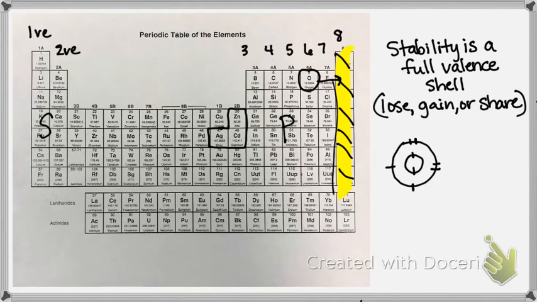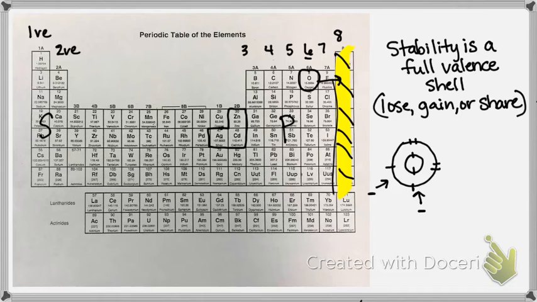Okay, so that's a total of 1, 2, 3, 4, 5, 6, 7, 8 total electrons that oxygen has. And then you can see here are the 6 valence electrons, okay? Now, in order to become chemically stable, oxygen needs 2 more electrons to come in and fill up that valence shell. So it has to get that by bonding with another element.